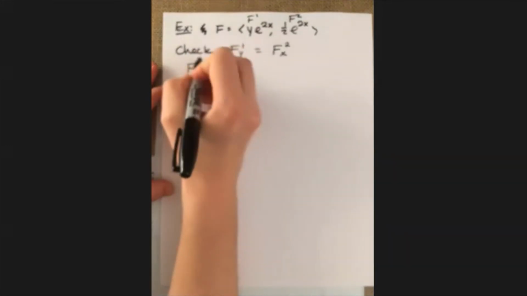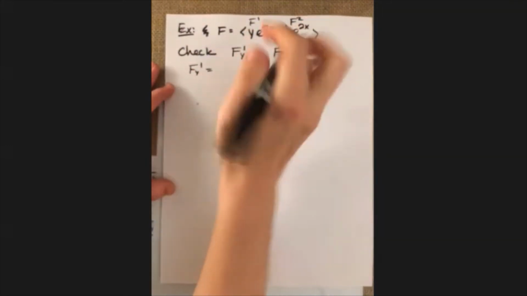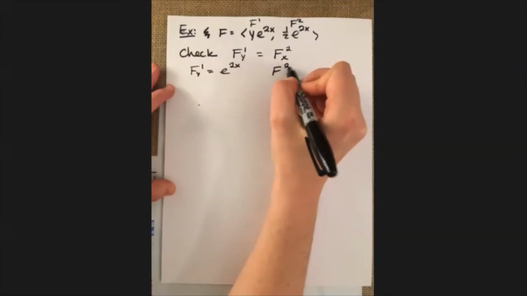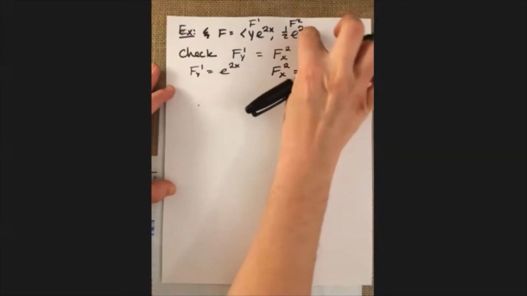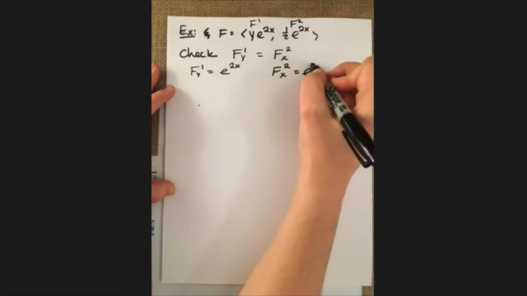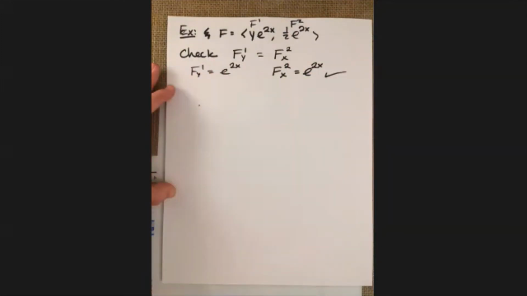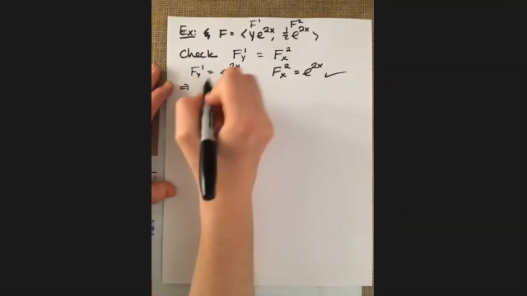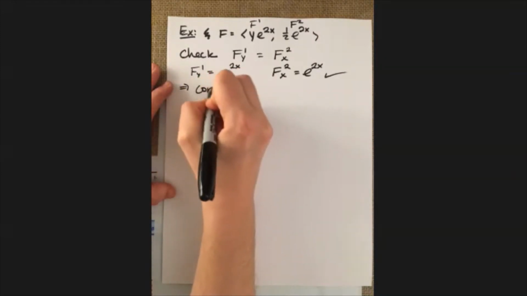So my partial with respect to y of my first component here is just going to be e to the 2x. And my partial with respect to x of my second component here, that 2 is going to come down to the front, and I get e to the 2x. So they are indeed equal to each other, which means that I do have a conservative vector field.